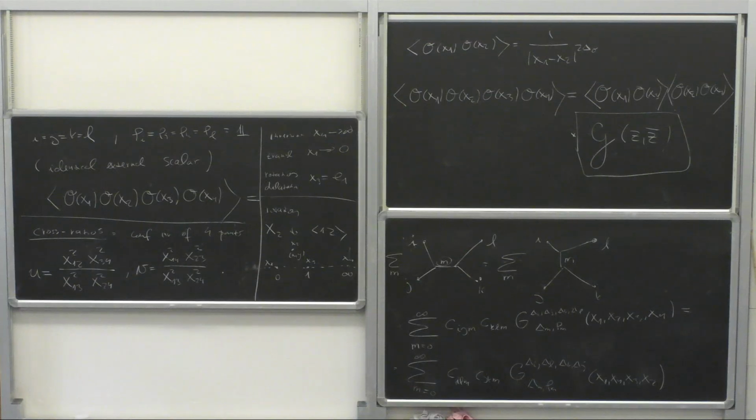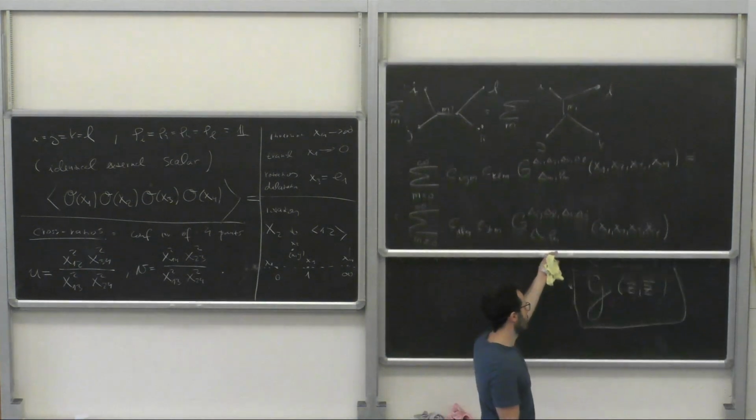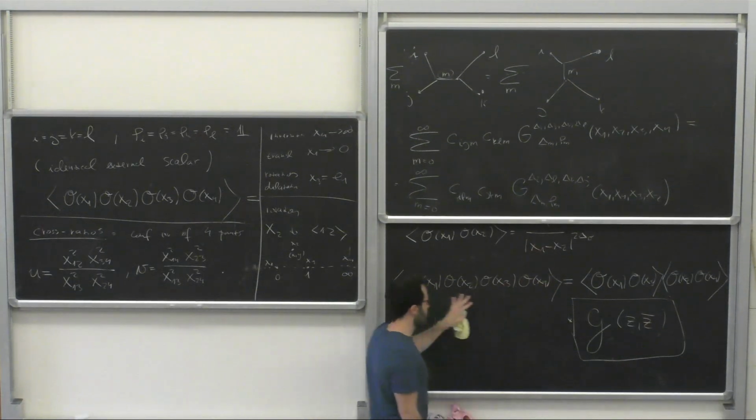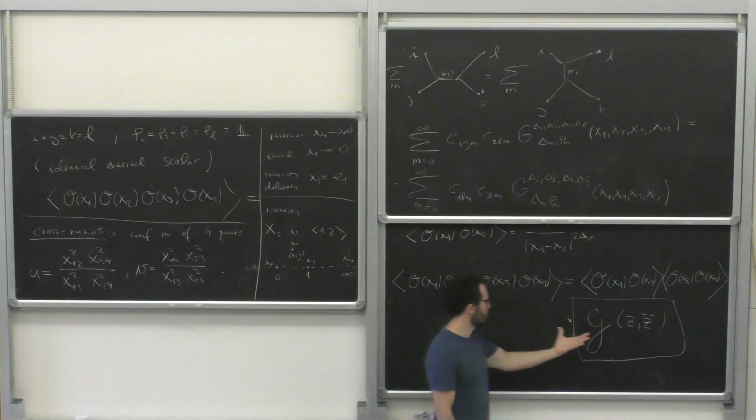Yeah, any more questions? Mm-hmm. The fact that the four-point function appears to factorize this way, is that related to... Nothing really factorizes. I mean, it's just a trick, right? The four-point function doesn't factorize because it contains this.